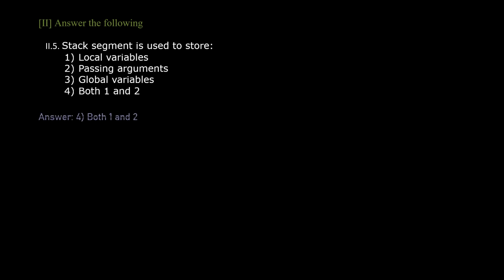Let's see the answer. Stack segment is used to store local variables, passing arguments and global variables. What is the answer? Both 1 and 2. So it stores local variables and the arguments passed to the function.